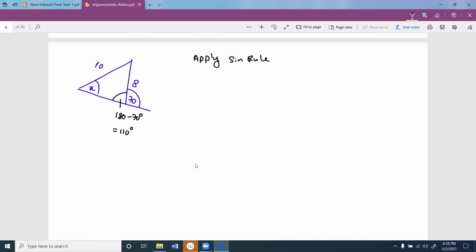So you can say sine x divided by 8 is equal to sine 110 divided by 10. With that you can say sine x is equal to sine 110 times 8 divided by 10.